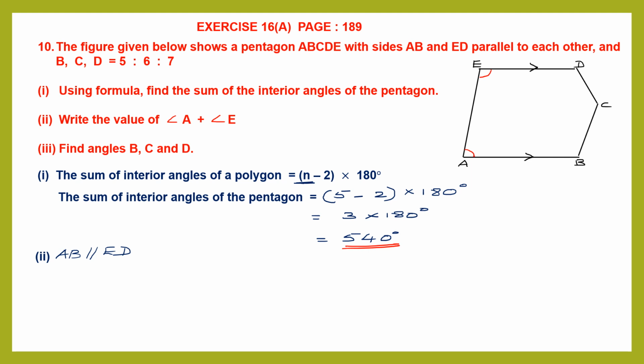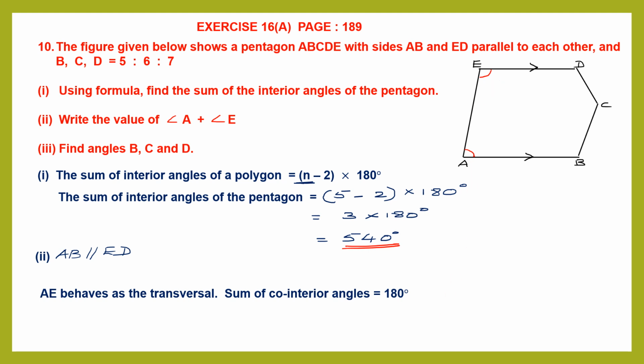And this is the transversal. So let's write that. So AE behaves as a transversal, and we know that sum of co-interior angles is 180. So when a transversal cuts two parallel lines, these two angles become co-interior angles, and the sum of co-interior angles is 180. That means angle A plus angle E should be equal to 180.